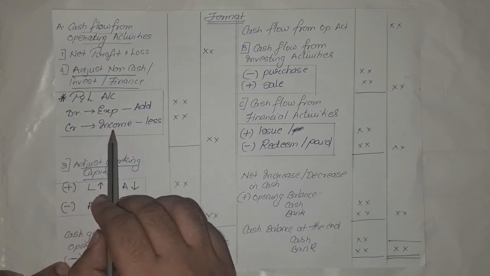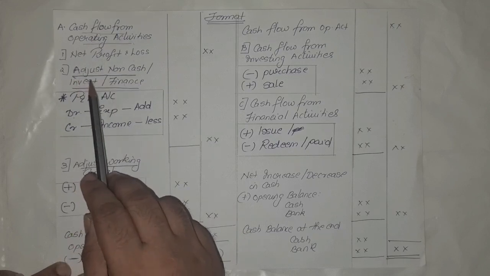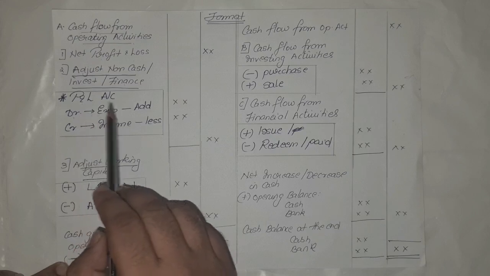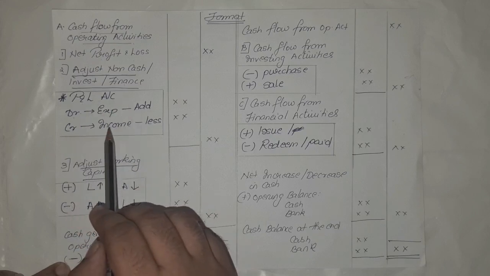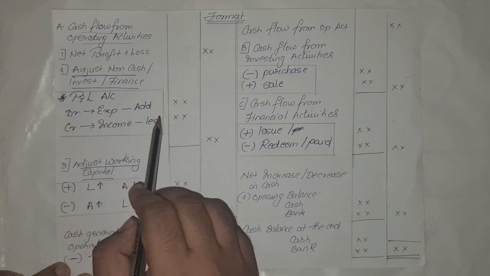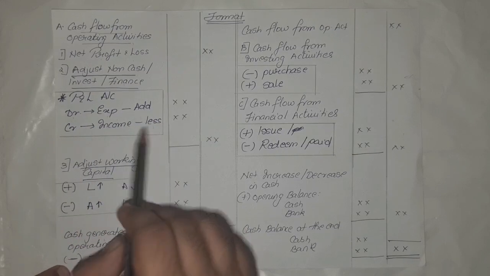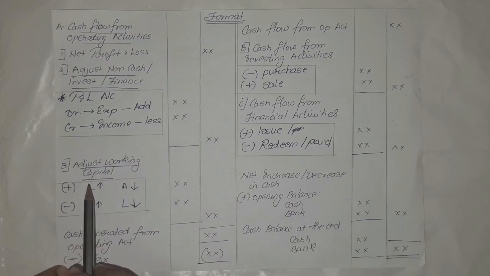Credit will be all your income, which you need to less. So remember, under adjust non-cash items, all the items related to P&L account appear. All your expenses or the debits will be added and all your income, that is the credits, will be less.